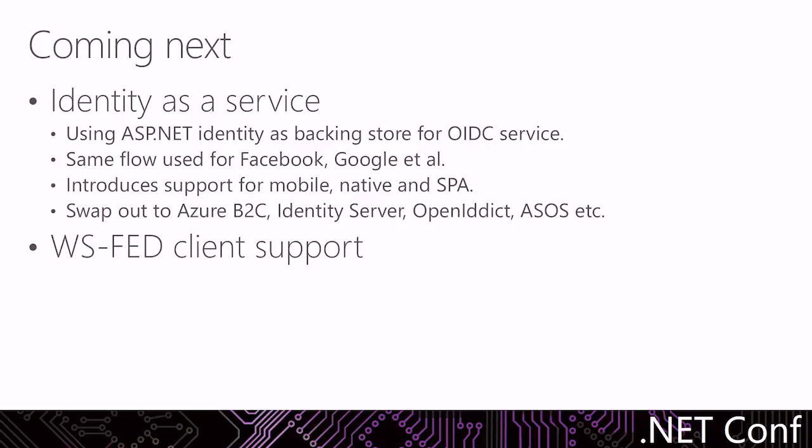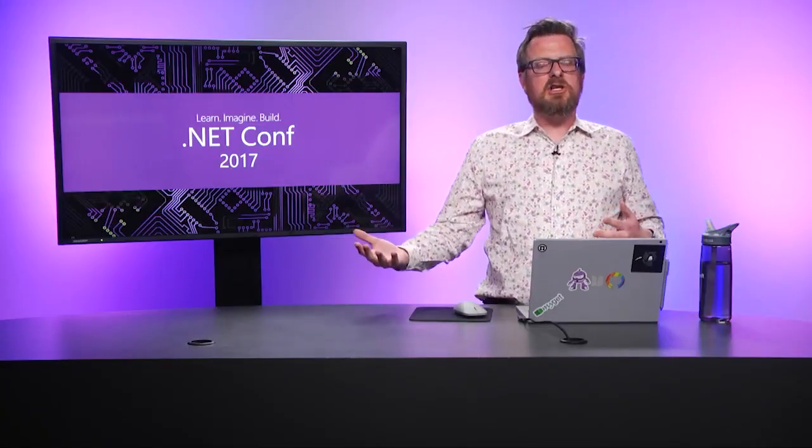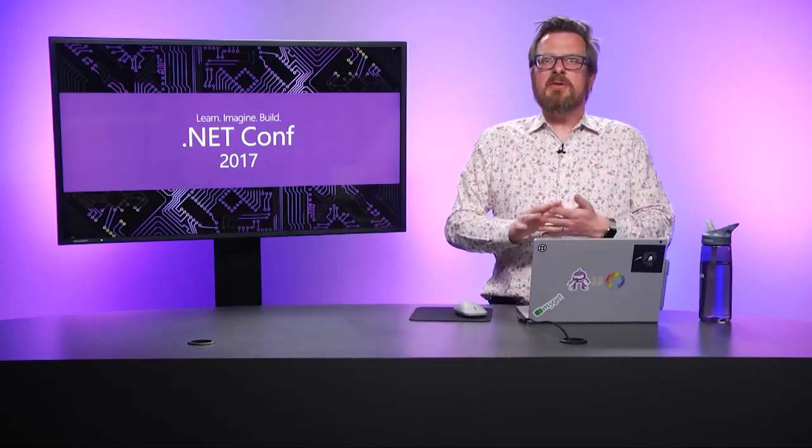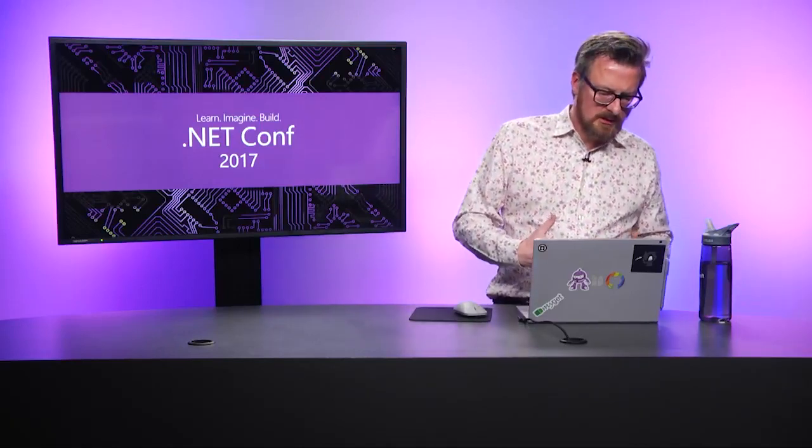So we're thinking of changing slightly the way ASP.NET works, in that we will be using OIDC for login flows. This means that you can add identity support for your mobile apps, for your native apps, for your SPA apps, without having to worry about cookies and CSRF and how you get a JWT token and all that sort of magical stuff that we have never really gotten to before.